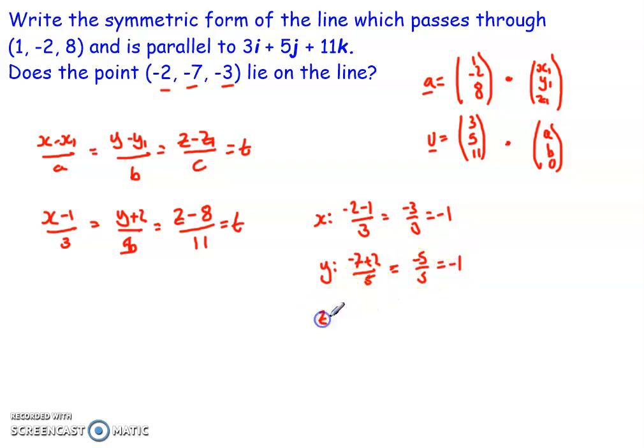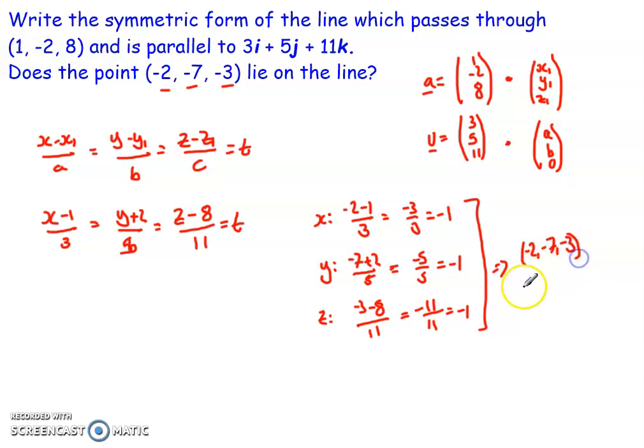And if I looked at the z, what I'd end up getting is (-3 - 8)/11. So that's -11/11. So that's -1. So it's held consistently between all three of them. All three of them give me the same value of t, equals -1. So therefore I can say that the point (-2, -7, -3) is on the line.